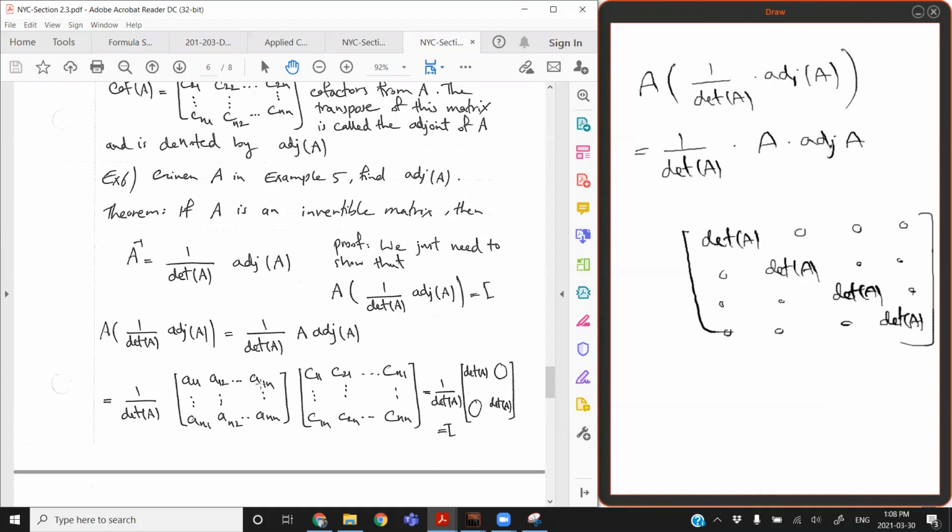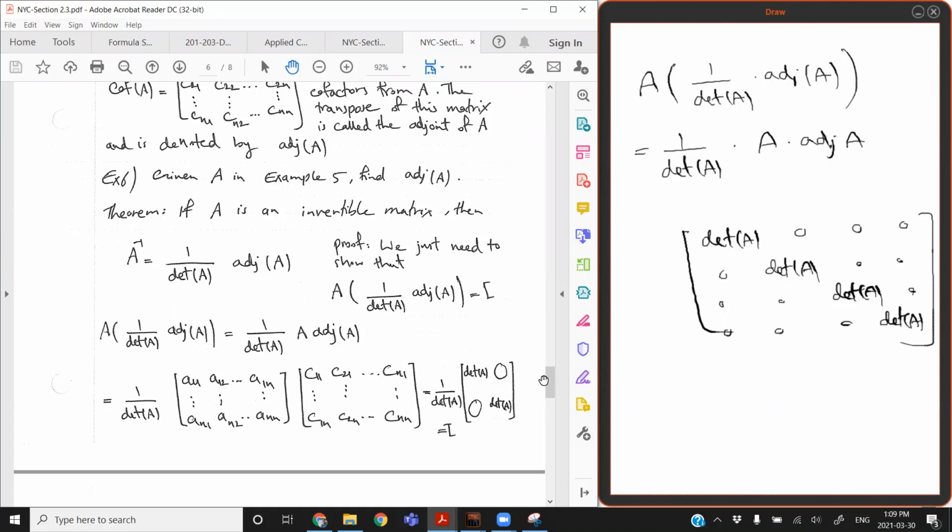So entries from the first row times cofactors from the first row, that will give us the determinant. Second row times second column, that would be entries from the second row times corresponding cofactors from the second row. That will give us the determinant. So on the main diagonal, I'm going to get determinant of A, whatever that is. It's going to be a non-zero number.